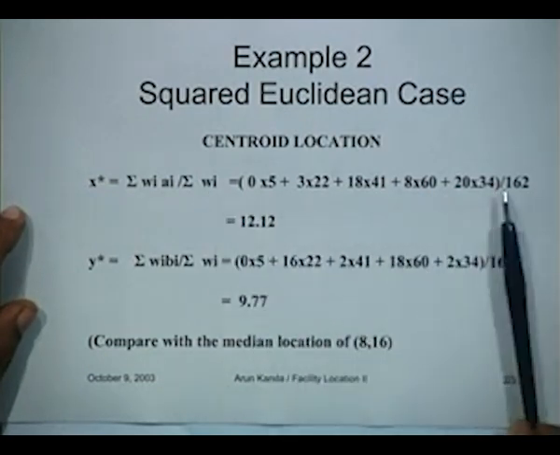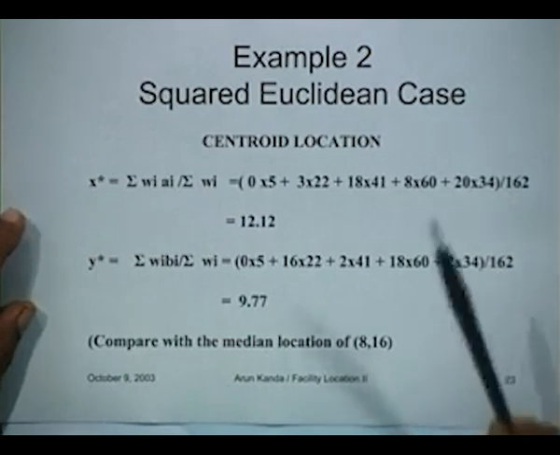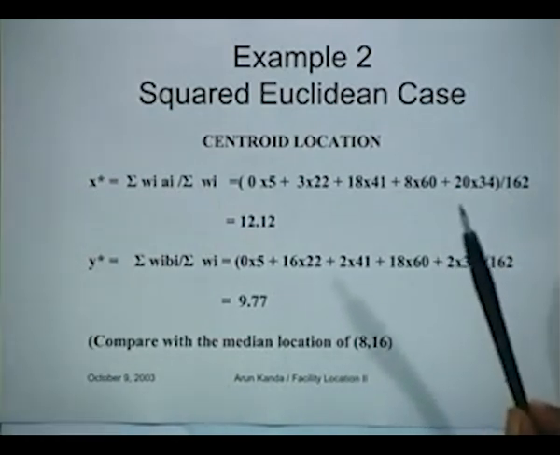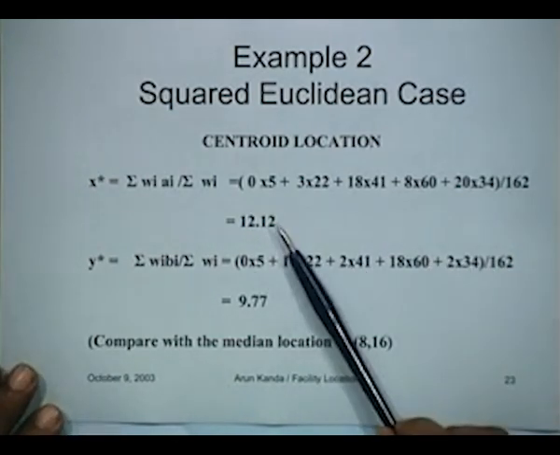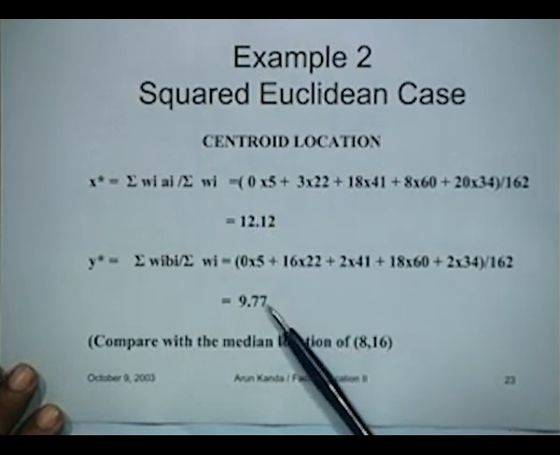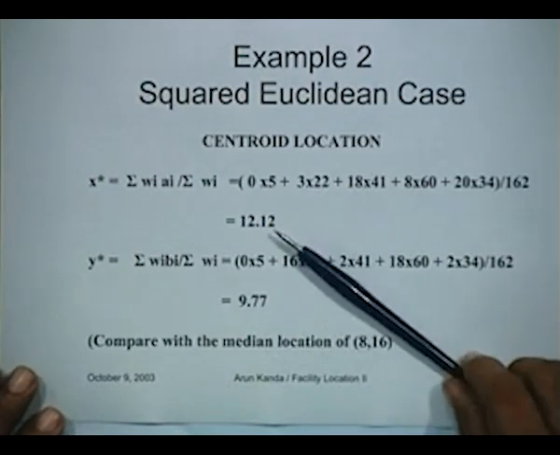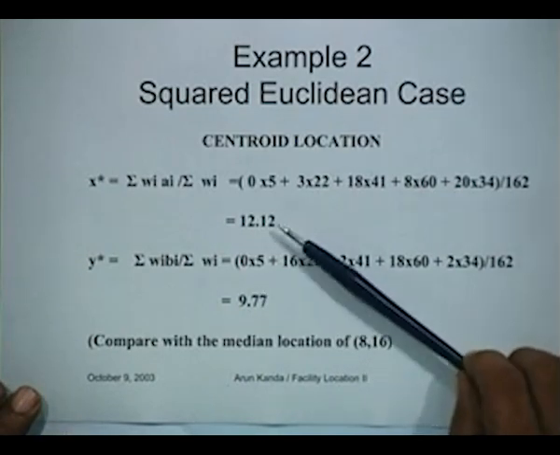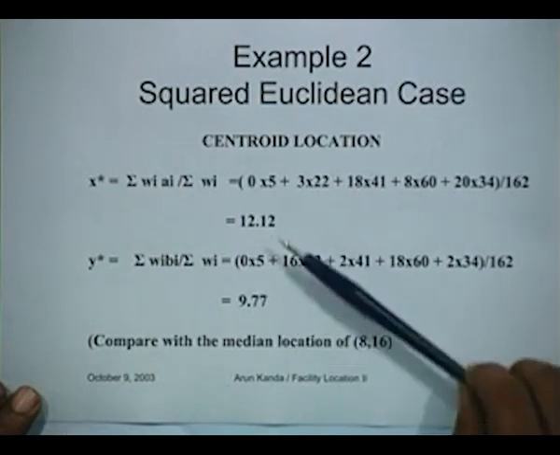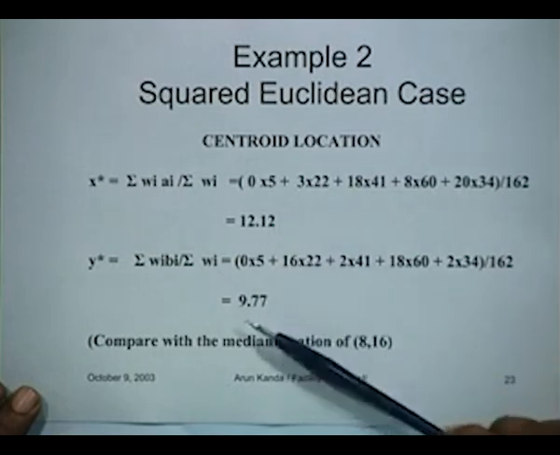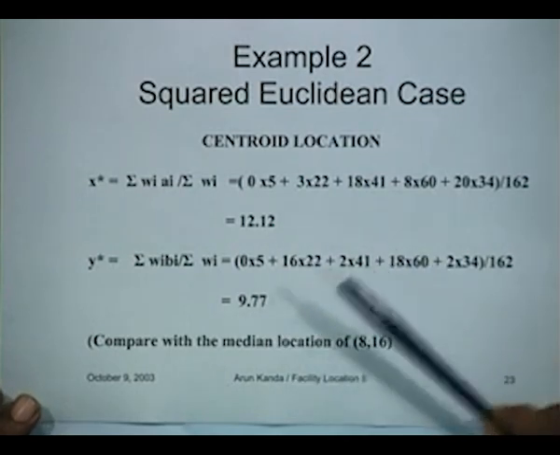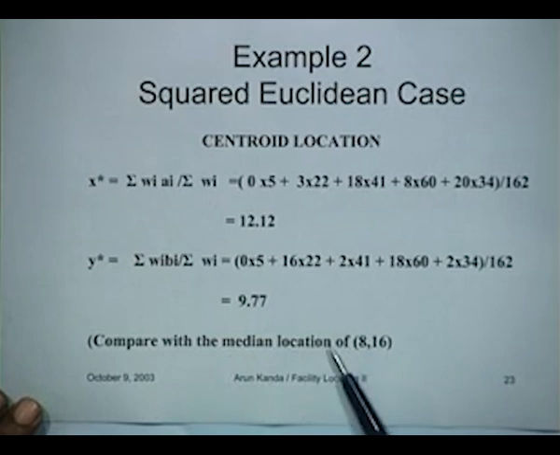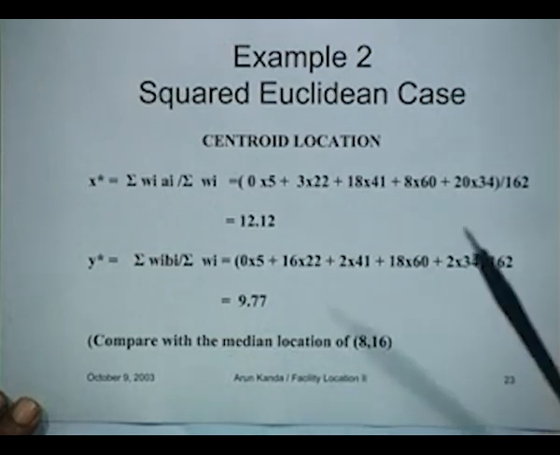Summation wi in the denominator is 162, which is the total weight, and x star is 12.12 and y star is 9.77. So if your distance measure is squared Euclidean, it would be best to locate the new facility at 12.12 and 9.77, and obviously this differs from the earlier median location of 8, 16.